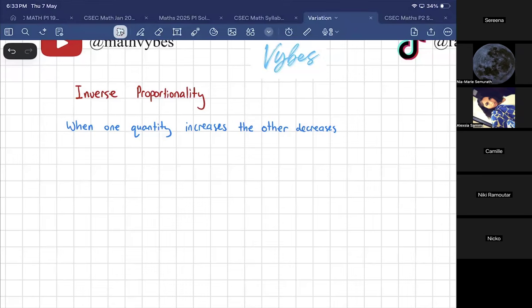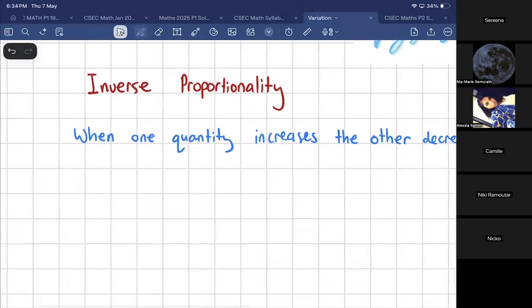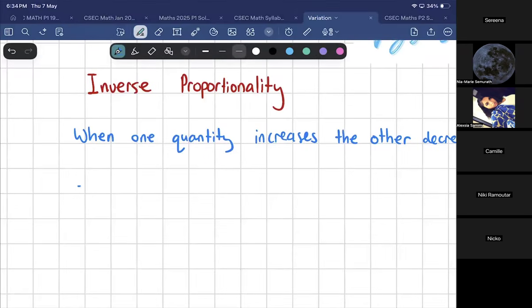So inverse proportionality, we know about that, right? And our physics example is Boyle's law. Boyle's law deals with what two quantities? It deals with pressure and volume.